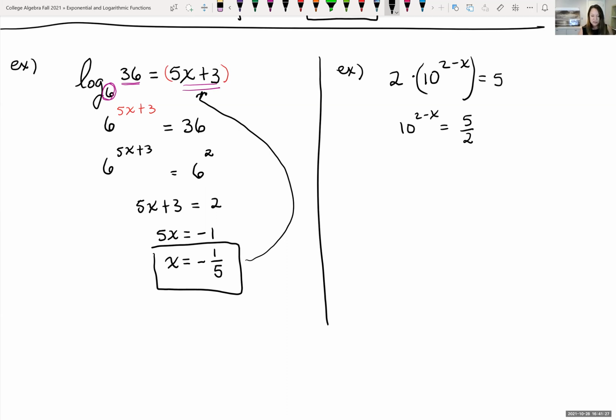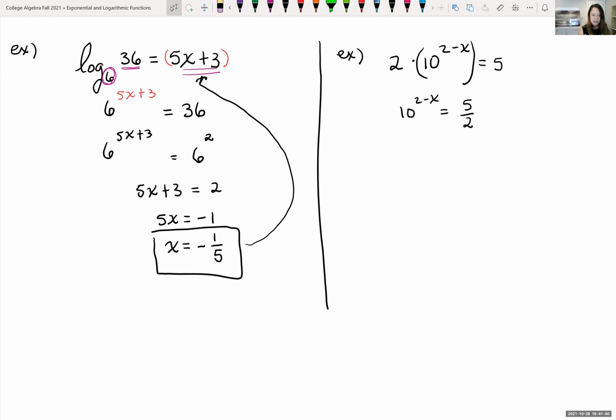Normally I would do this by taking the logs of both sides and using properties of logs, but we haven't really dealt with that yet. So we can deal with this by going backwards, because we want to get x by itself. Remember, logs are just exponential problems. So we're going to rewrite this as a log.